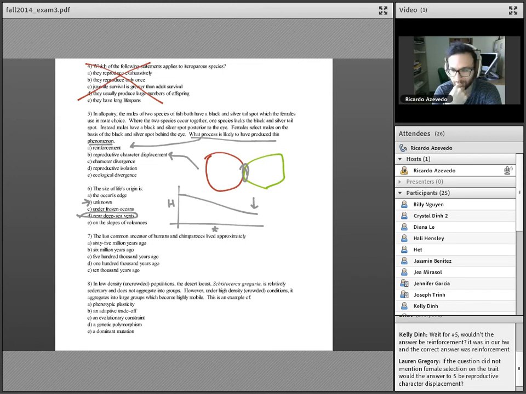Actually, I don't know if the question, without female selection, would you describe it as reproductive character displacement? I'm not sure. I would think that that would still be reinforcement, but maybe not. Actually, not sure about this one.